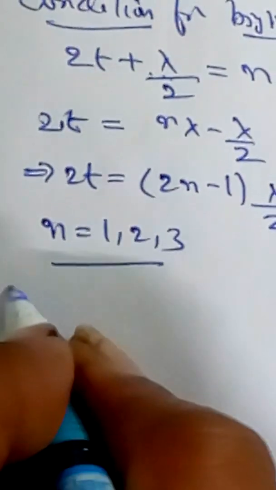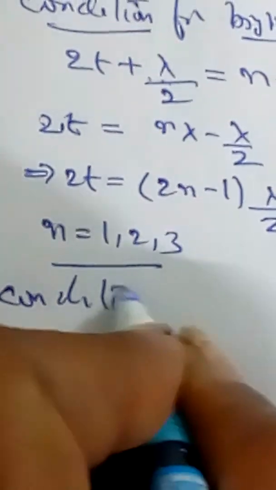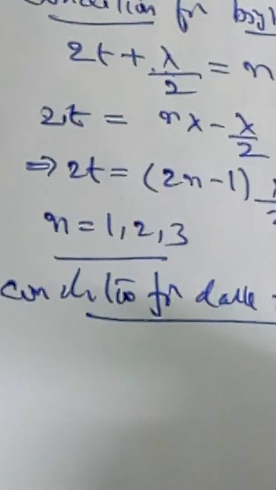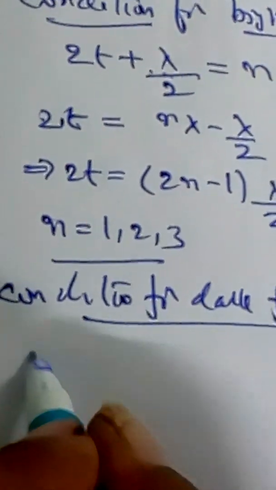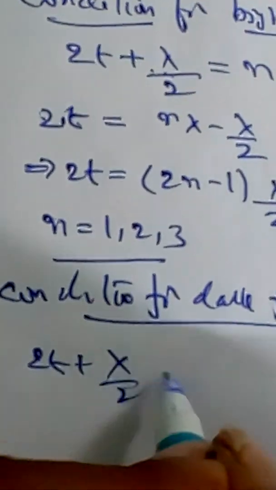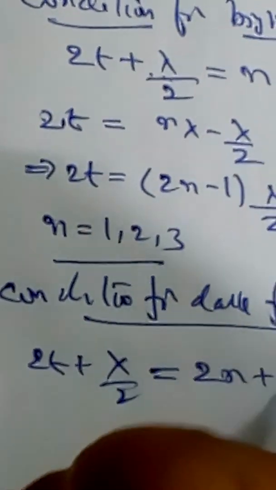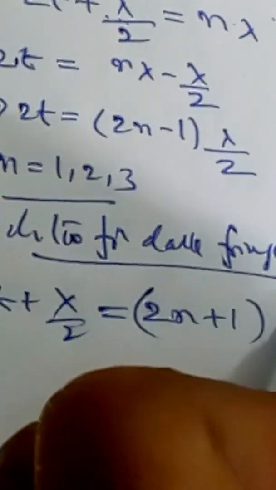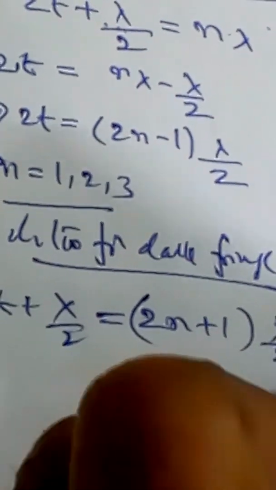Similarly, if you look at the condition for dark fringe, 2t plus lambda by 2 is equal to (2n plus 1), half integral multiple I told you, no? So (2n plus 1) into lambda by 2.